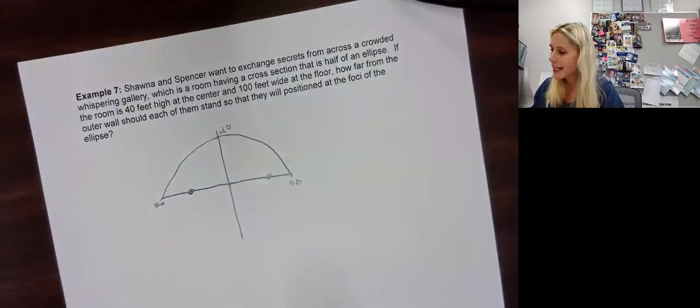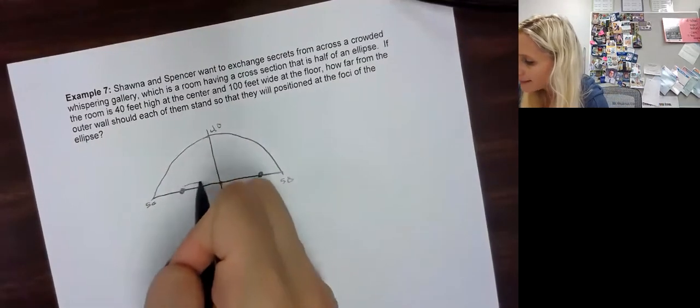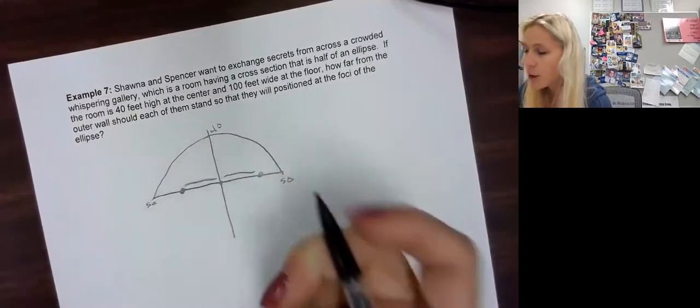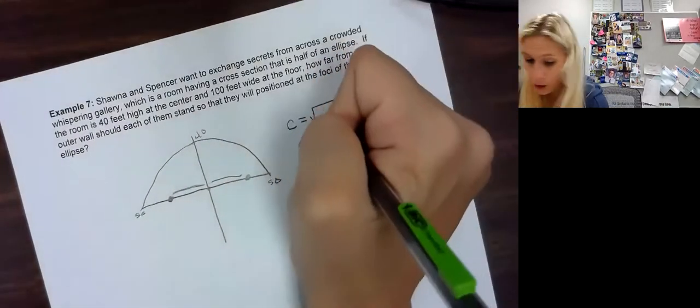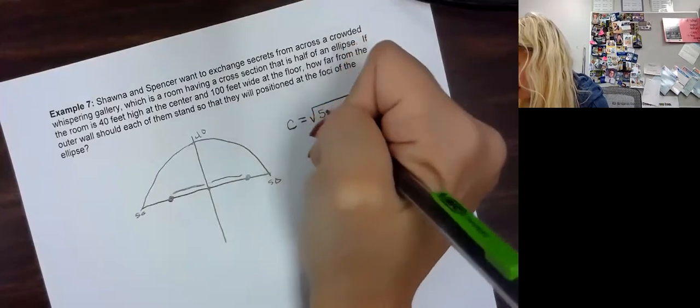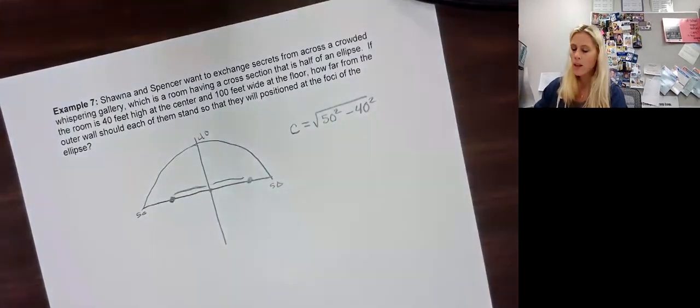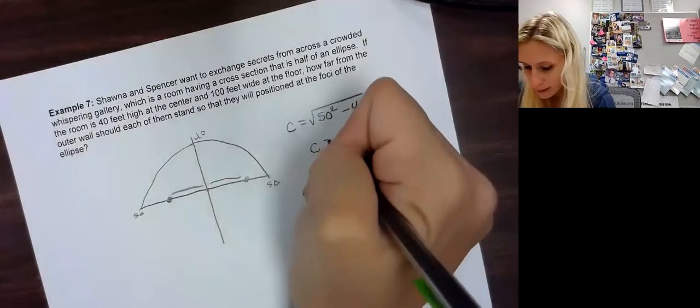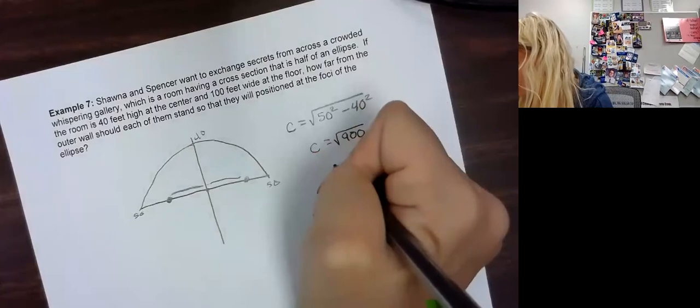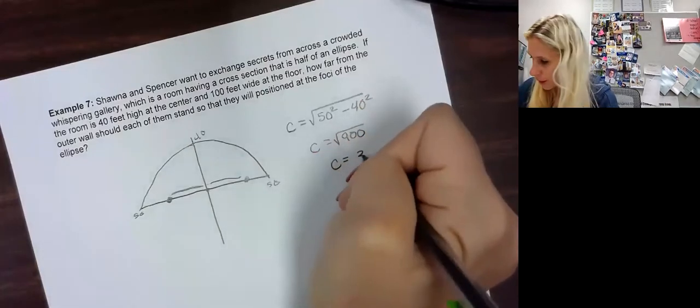Well, where they're standing is that distance from the center of the room, which of course we know is the value of c. And c equals the square root of our larger side, which is 50 squared, minus our shorter side, which is 40 squared. That means c equals the square root of 900, so c equals 30.